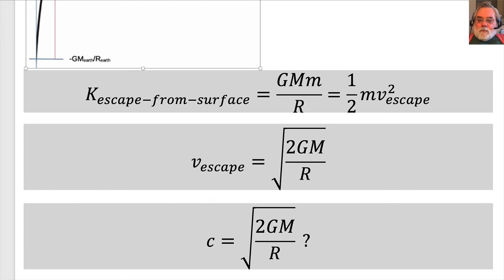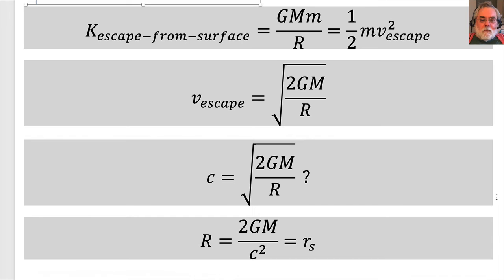Ignoring the fact that Newtonian mechanics is non-relativistic, the large body's radius would have to be this, 2GM over c squared. If you plug that into here, you would get an escape velocity of the speed of light.